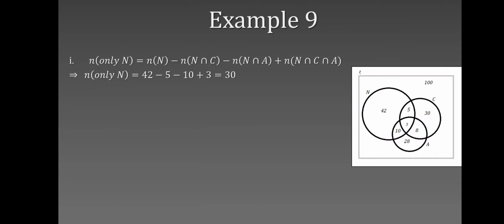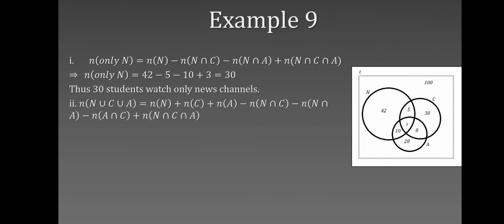And then in the second case, I need to first find out the union. I need to first find out how many of them watch any of the three. So then I will be subtracting that from the total number of students. Then I will be getting how many do not watch any of them at all. So we already have the formula for finding the union, and all the values are given.